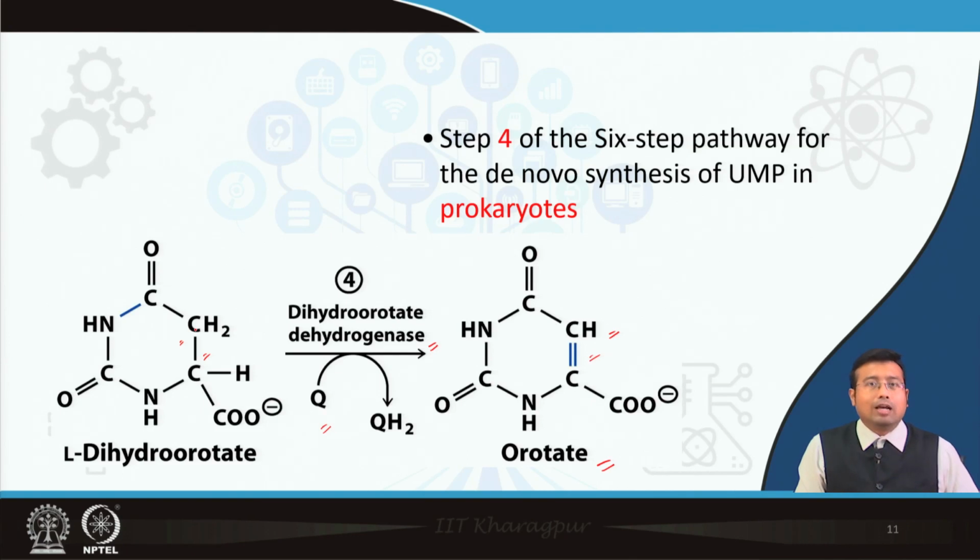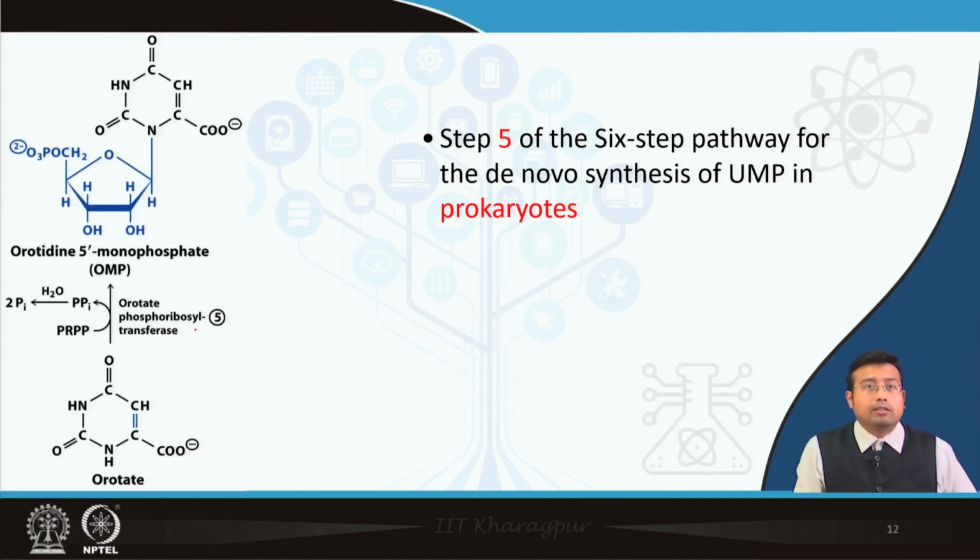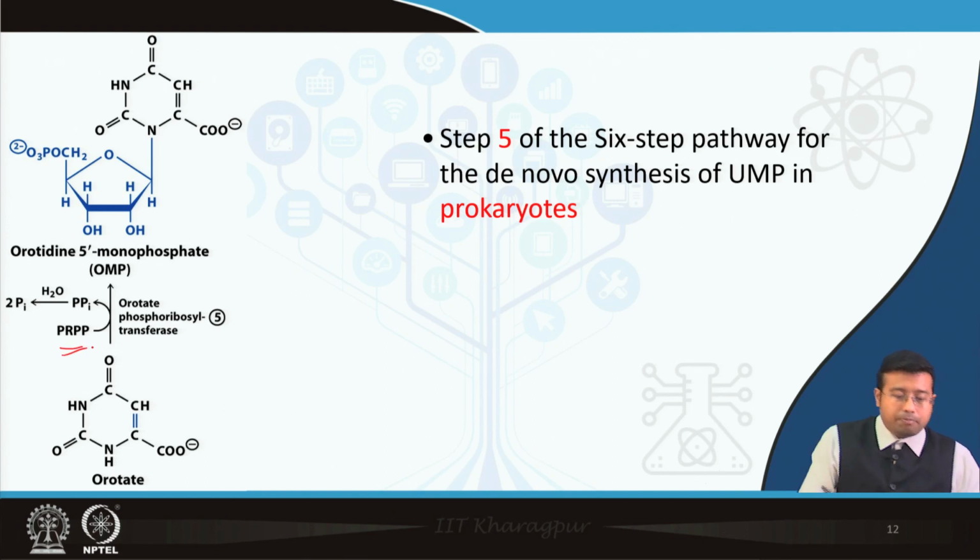In the next step, what will happen? Once we got the ring, as I discussed, now it will be added to ribose 5-phosphate, and we already read who is the donor of ribose 5-phosphate in all purine and pyrimidine salvage and de novo pathways. Yes, you have guessed it right, PRPP.